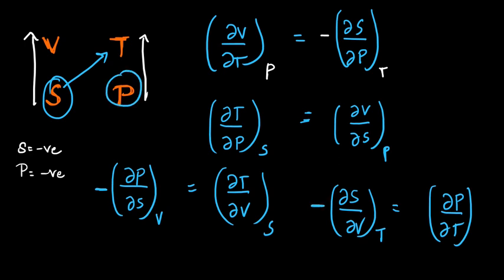Similarly, the opposite of T, so again a negative sign over here, and the opposite is V. So this negative and negative will cancel each other. So this is the fourth Maxwell equation.